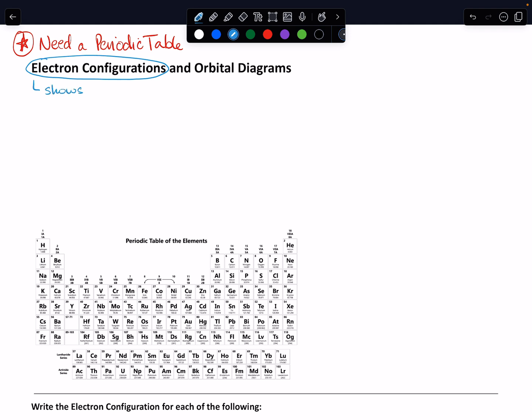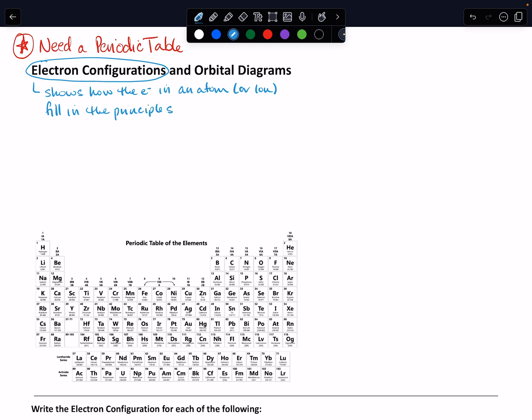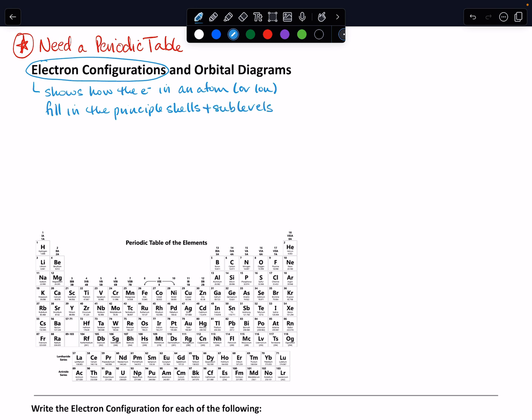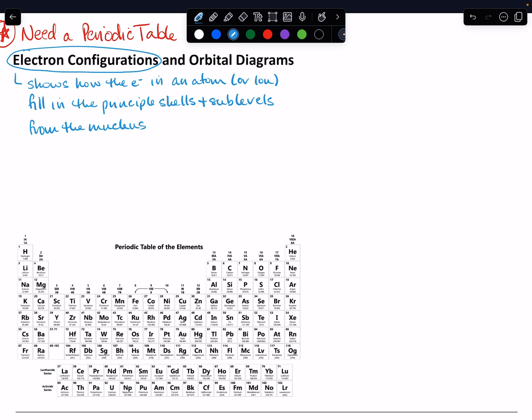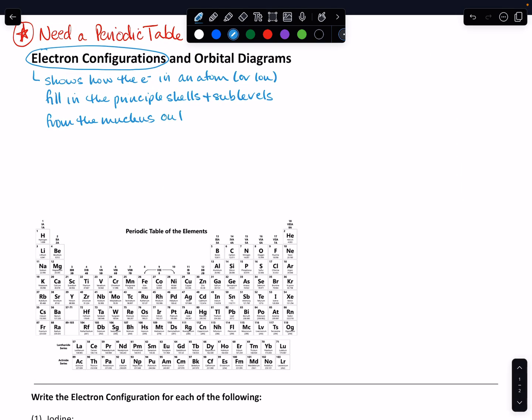It shows how the electrons in an atom or ion fill in the principal shells and sublevels from the nucleus out to the valence shell.